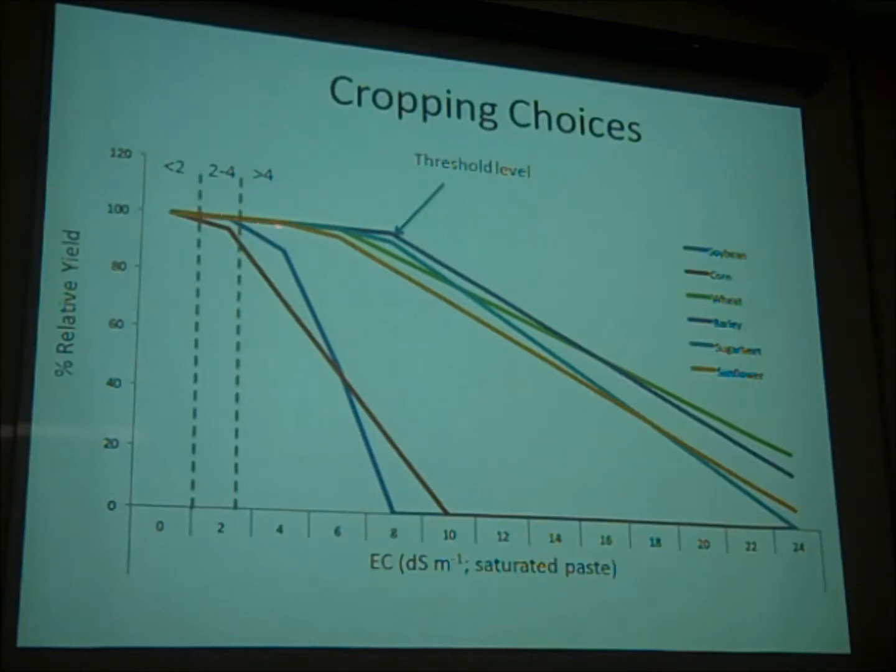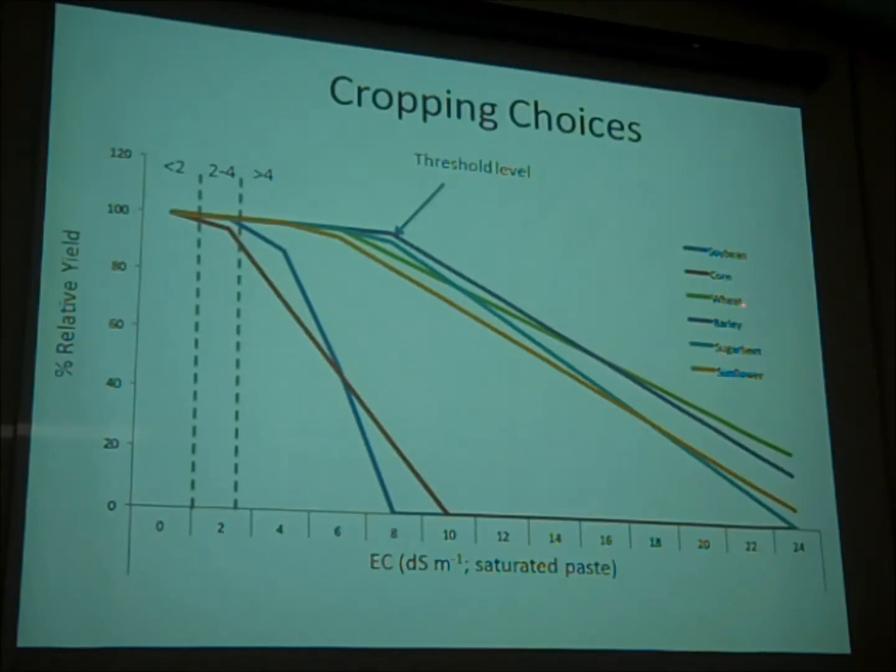For example, sunflower. I know sunflowers isn't real popular, but certainly it has tolerance. Sugar beets certainly look good. As the prior slide, I forgot to point out, but that looked very good in our work so far. And then barley is here. Certainly we know that's tolerant, and this graphic shows that as well.